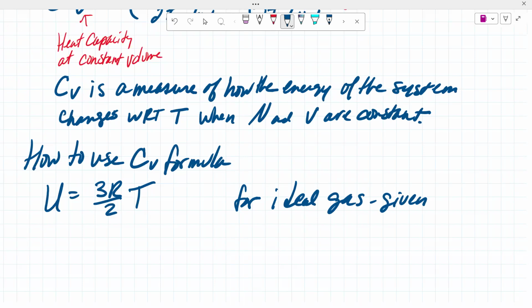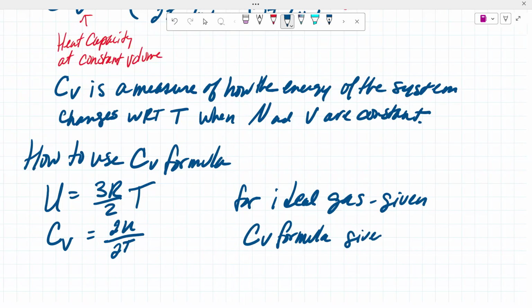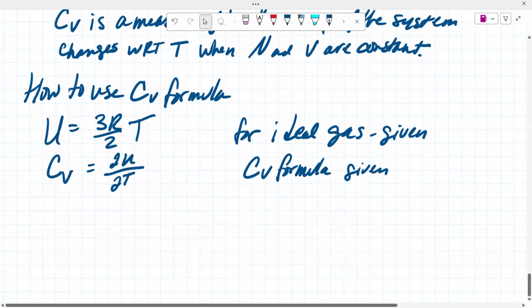Okay, we have C sub V equals ∂U over ∂T. And this is the heat capacity formula, which is given.